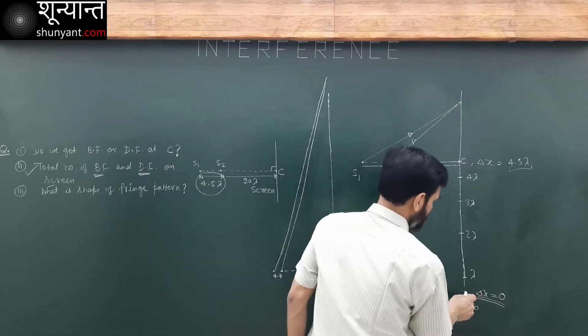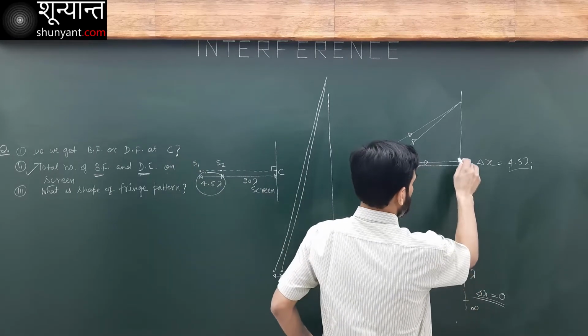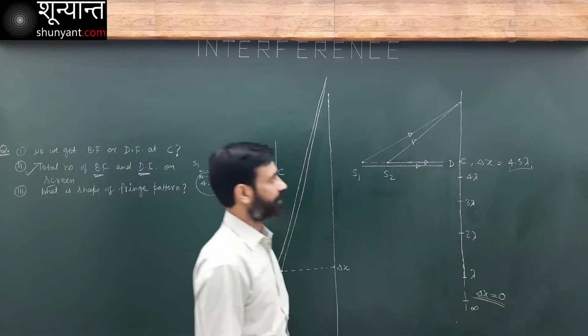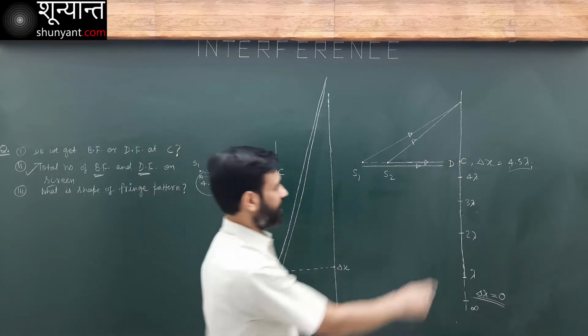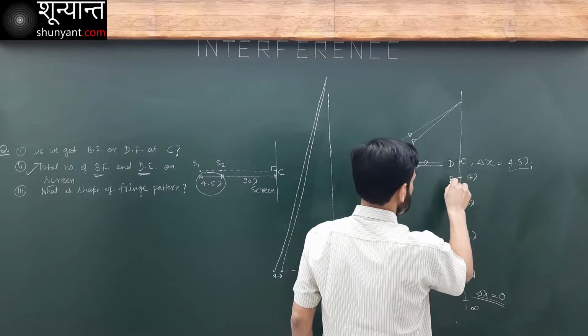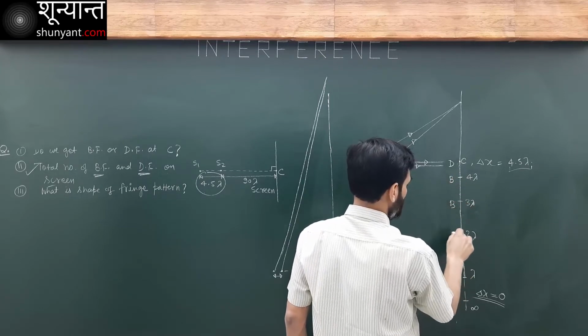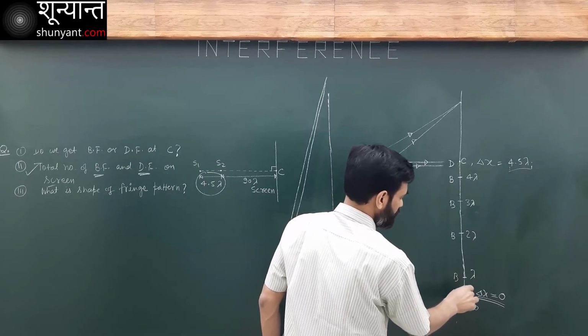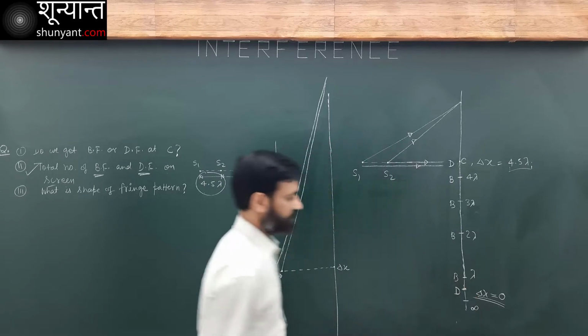Here at this point I am getting a dark fringe, then a bright fringe, then a bright fringe, a bright fringe, a bright fringe. The last fringe that I can see is going to be a dark fringe.